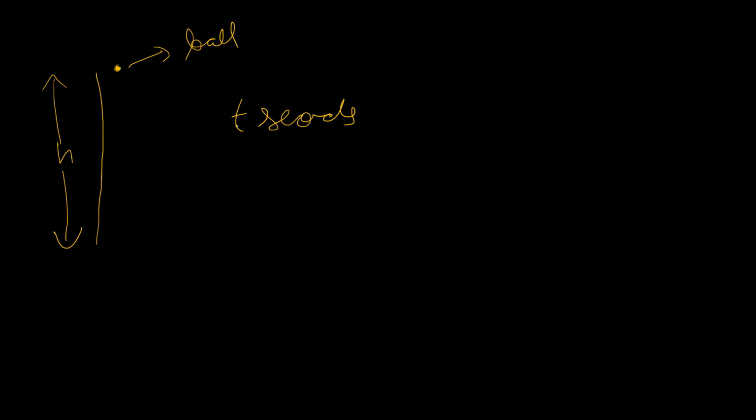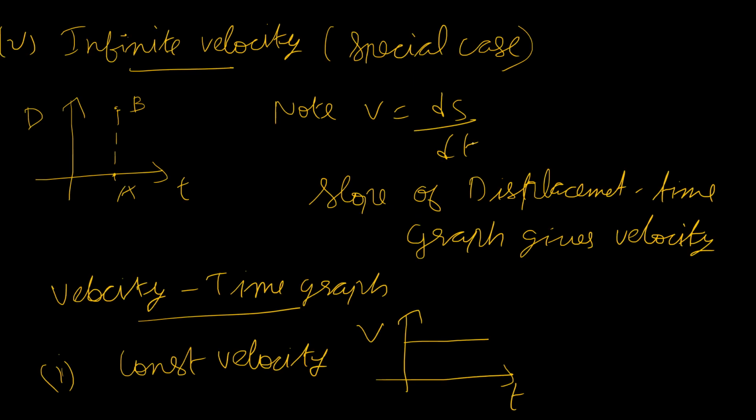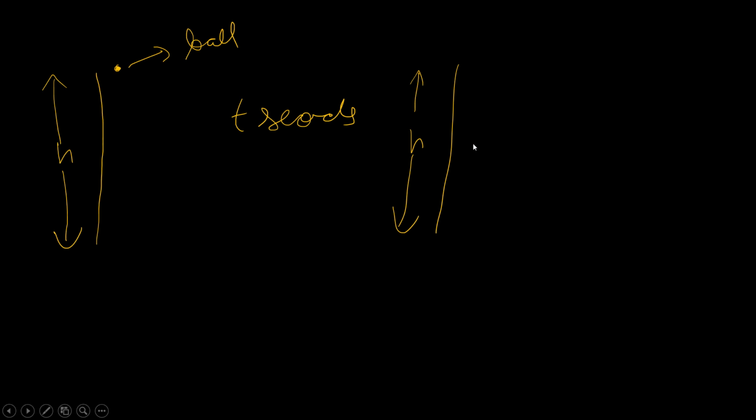One ball will come downwards with the velocity u, and the other will go up with velocity u and then come down. They reach the earth's surface after t1 and t2 seconds. The first ball reaches after t1 seconds and the second ball after t2 seconds.